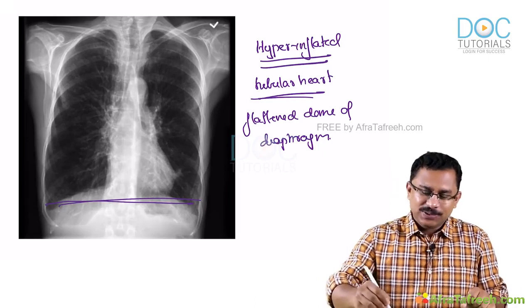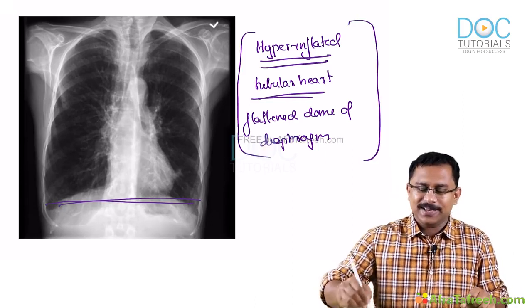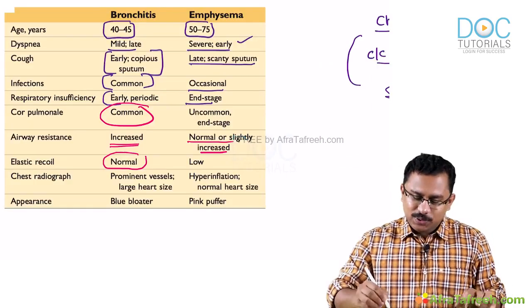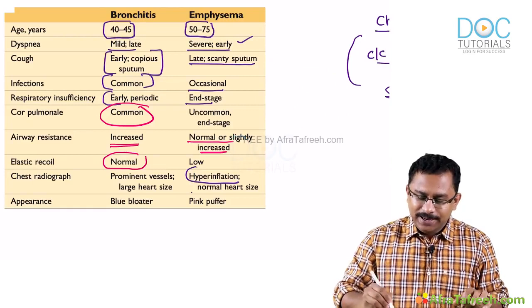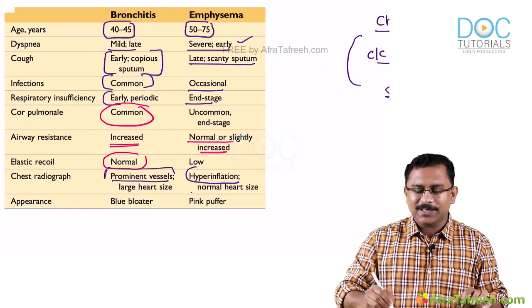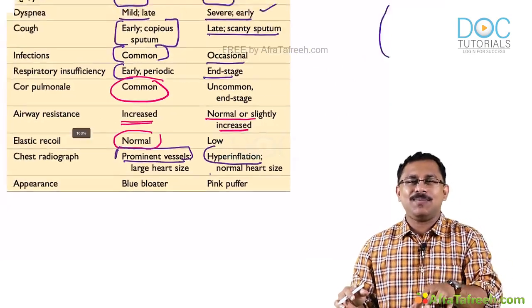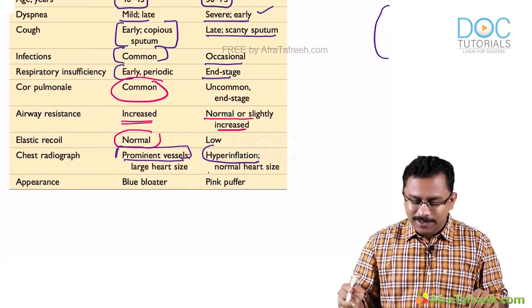So you will have a hyperinflated chest here, and hyperinflation is prominent here, and you see here the vessels are very much prominent in case of a bronchitis. The bronchoalveolar markings are slightly more prominent.